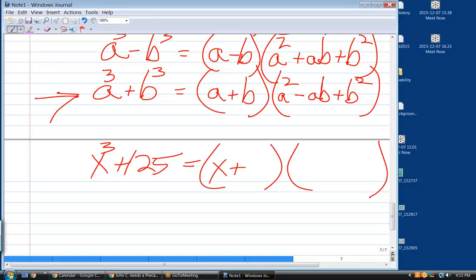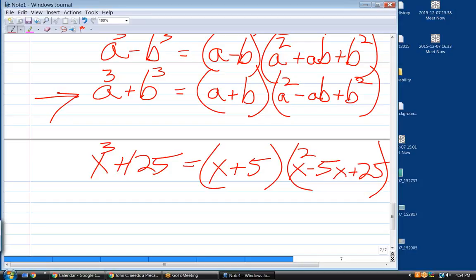Okay, what's this part over here going to be? x squared minus 5x plus 25. Perfect. That's how you do it.